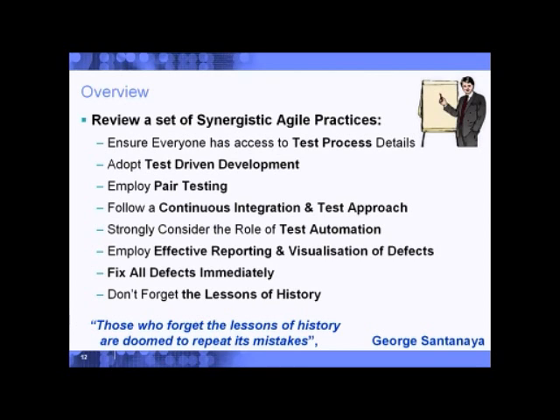We also need to find effective, novel, interesting ways of reporting defects and also visualizing the problems and the defects themselves. And from the book, some fantastic examples and cases of where people have used a great deal of ingenuity and imagination to find ways that they can basically inform stakeholders within the project that need to know about defects, that there are problems.